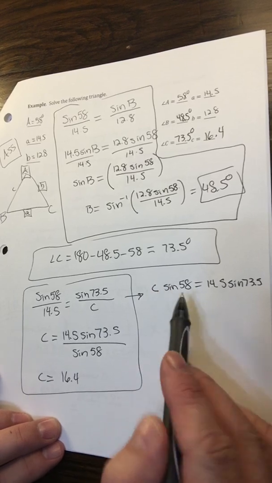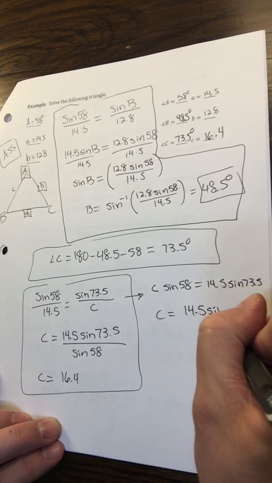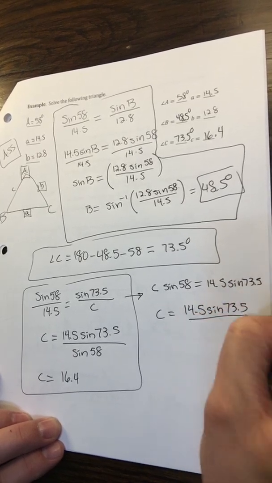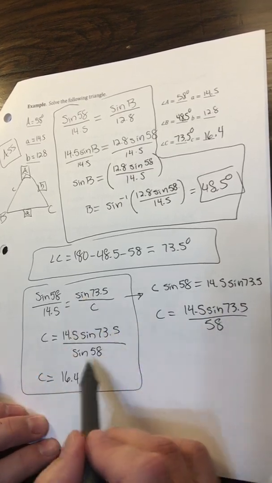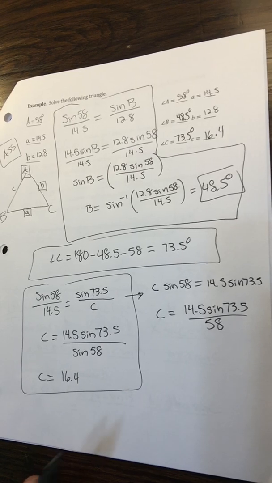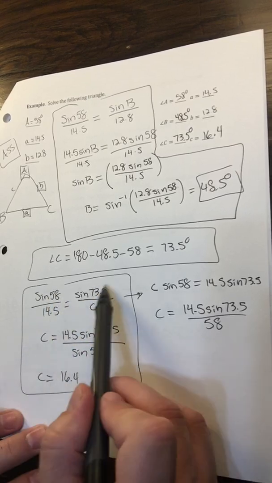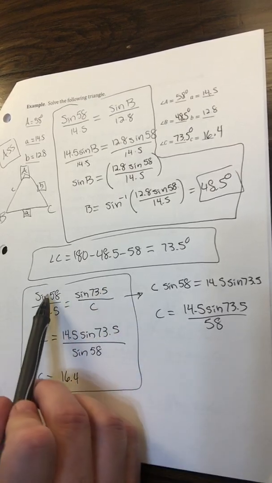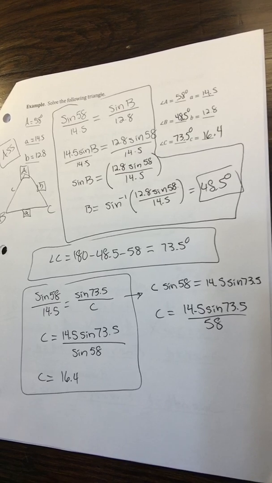So I'm going to divide by the sine of 58, and I get c equals 14.5 times the sine of 73.5, divided by the sine of 58. And that's what I ended up with there. So I'm just skipping this step because you and I have cross-multiplied to solve proportions forever. And it's the case that the variable that's by itself is the one we're going to isolate. So those two will stay multiplied like they do, and I'll end up dividing by this guy. So there's a step you can skip while solving triangles with the law of sines.